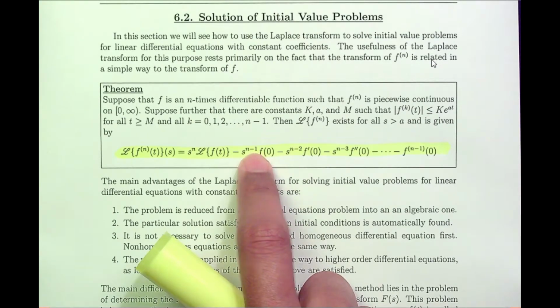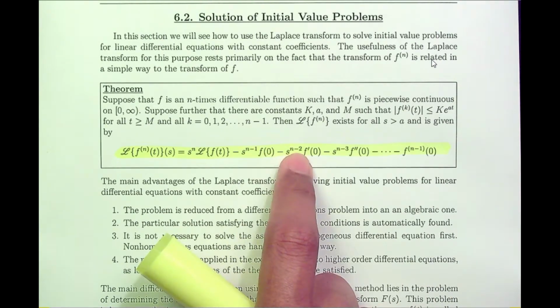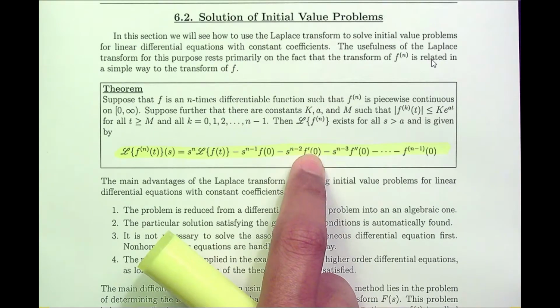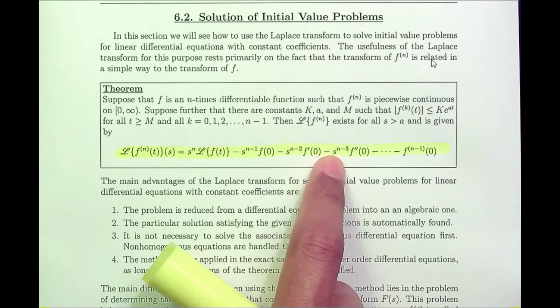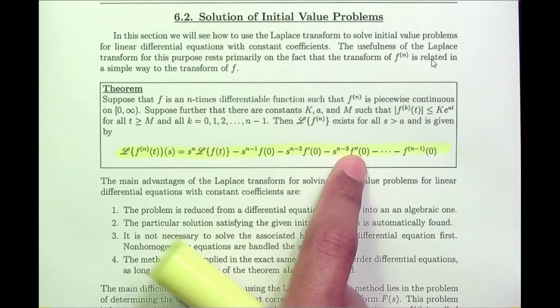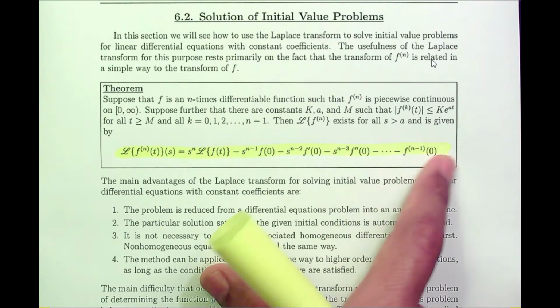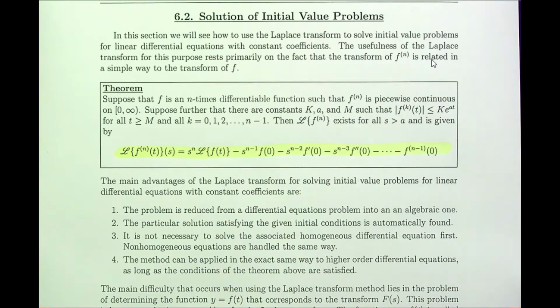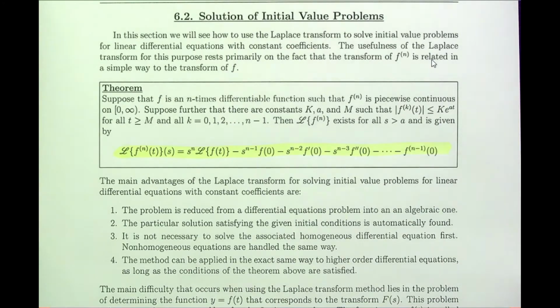So n minus 1 plus 0 gives you n minus 1. n minus 2 plus 1 gives you n minus 1. n minus 3 plus 2 gives you n minus 1, etc. The pattern continues all through the formula. So if you wanted to memorize it, it is not hard to memorize.